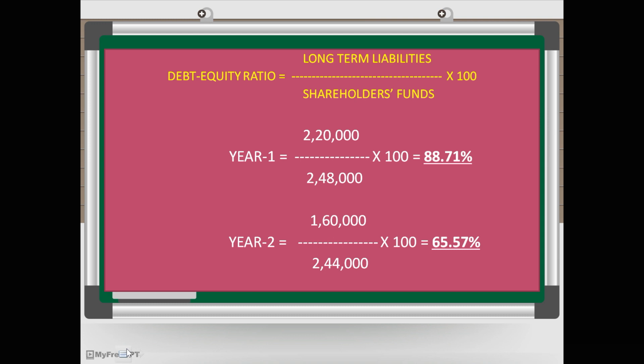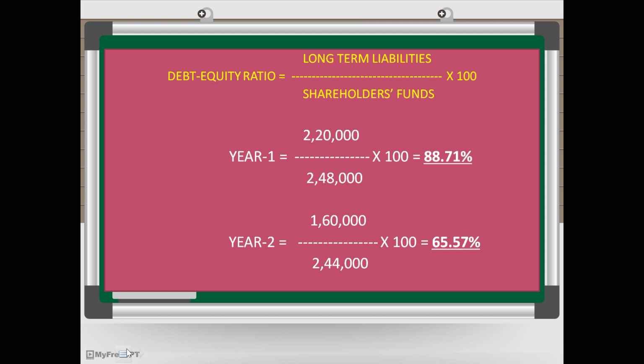In year 2, against 100 rupees of owned capital, it is around 66 rupees of borrowed capital. So you can see that as compared to year 1, debt equity ratio has come down in year 2.